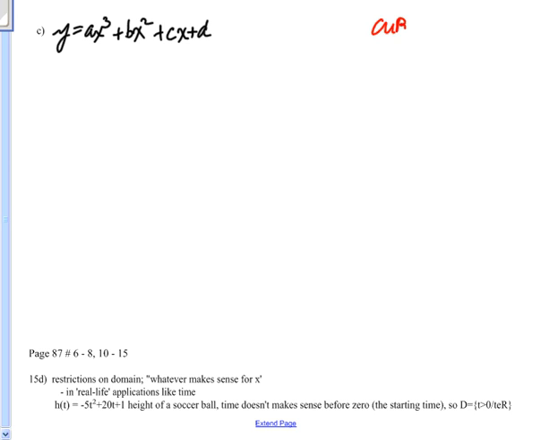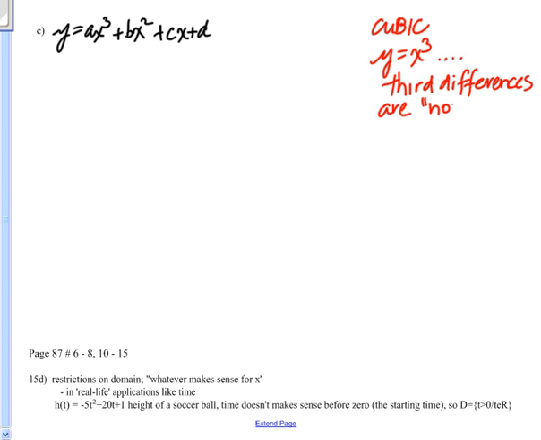For a cubic, we know that we're looking for the third differences to be the same. And the third differences are normally 6.